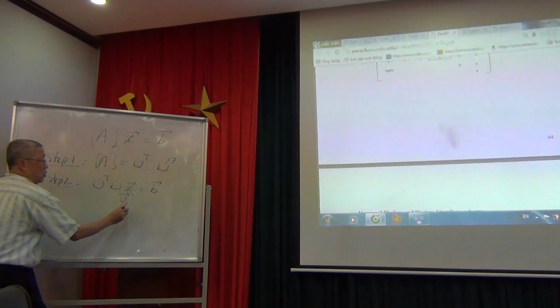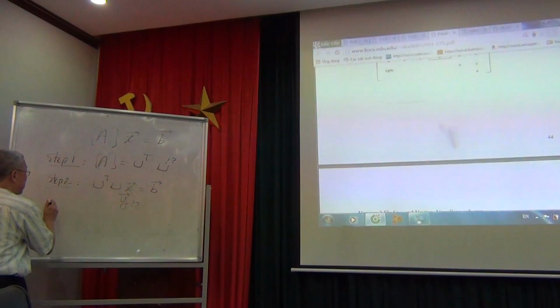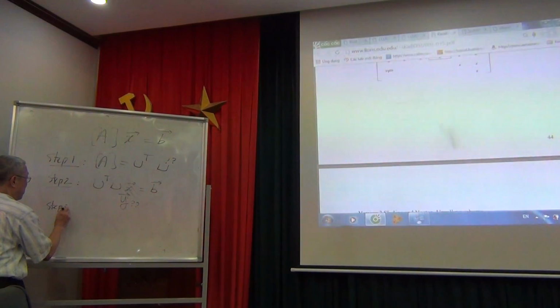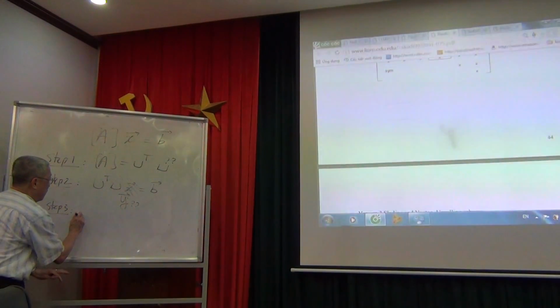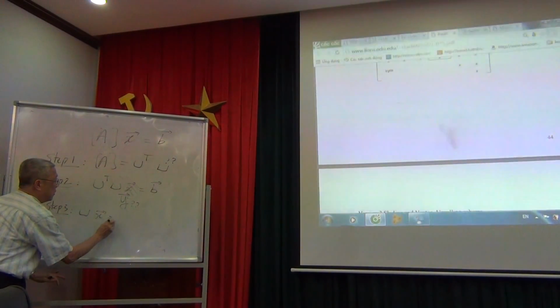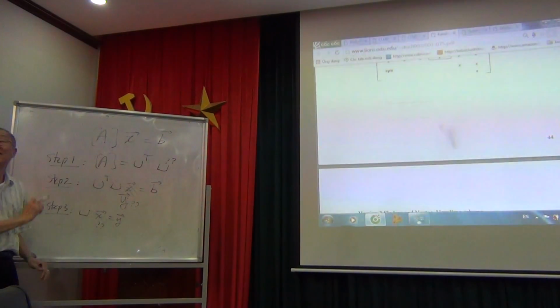So step 2, you want to solve for y. And then step 3, we say Ux equal to y, and we will solve for x.